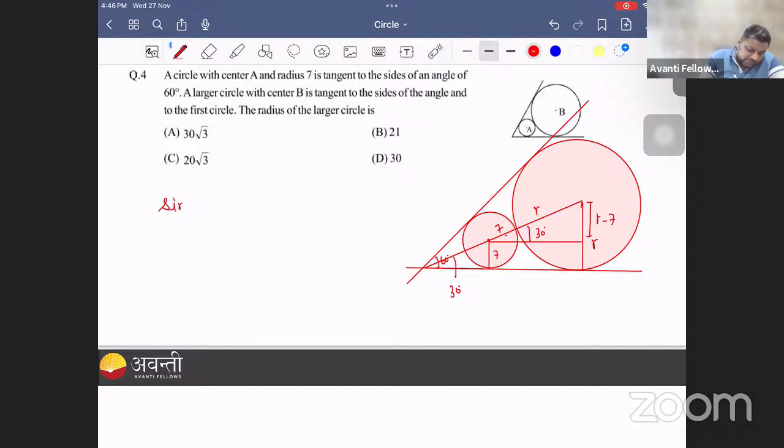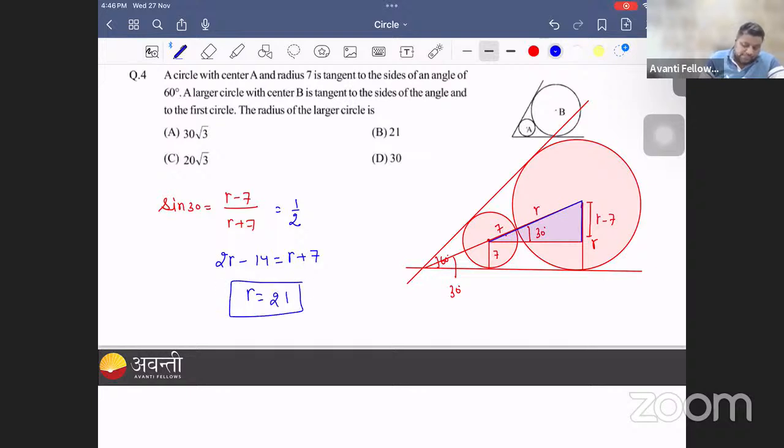Sine 30 is R minus 7 upon R plus 7. Why so? Because this length is R plus 7 and this length is R minus 7. So sine 30 is R minus 7 upon R plus 7 and this is 1 by 2. So 2R minus 14 is R plus 7. So R is 21.